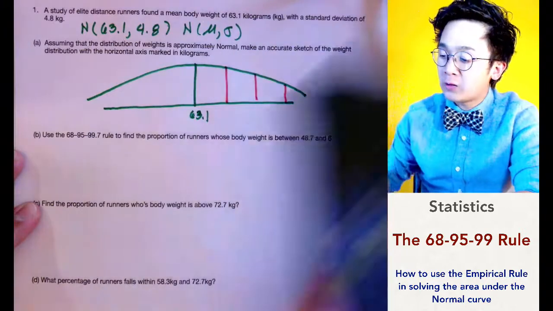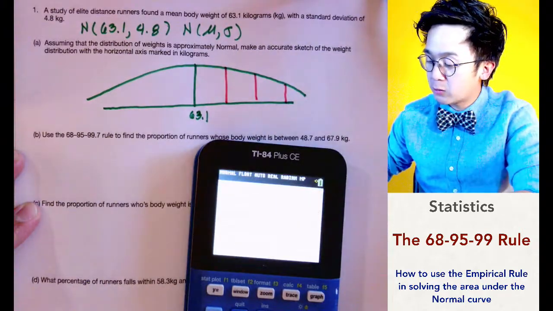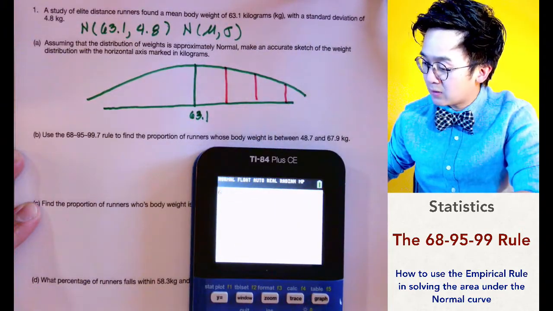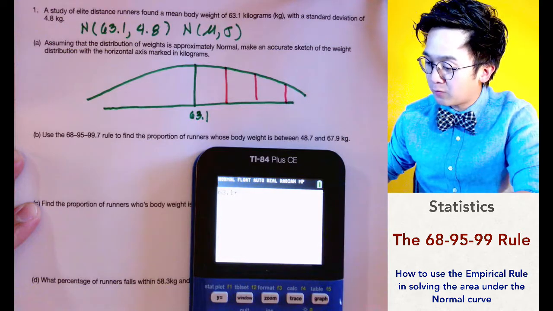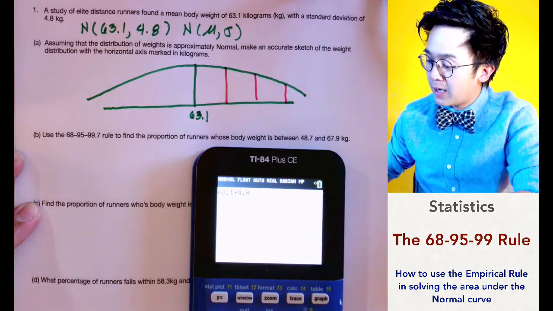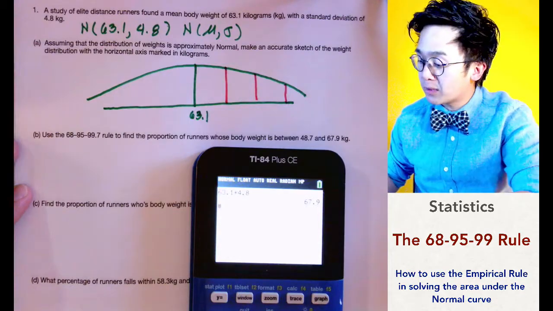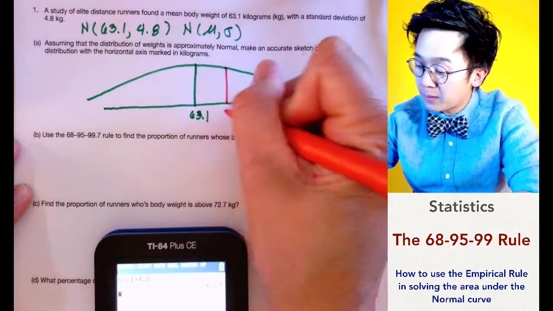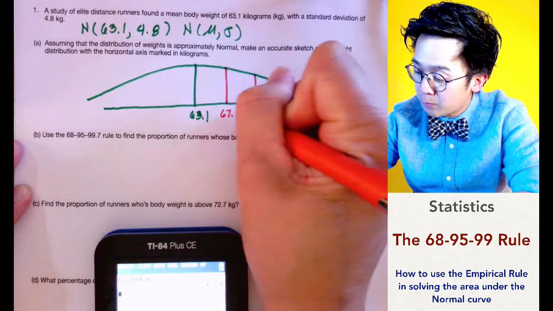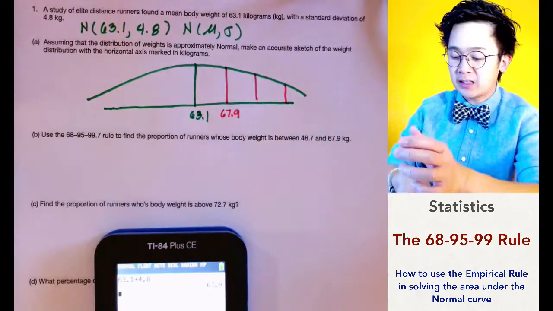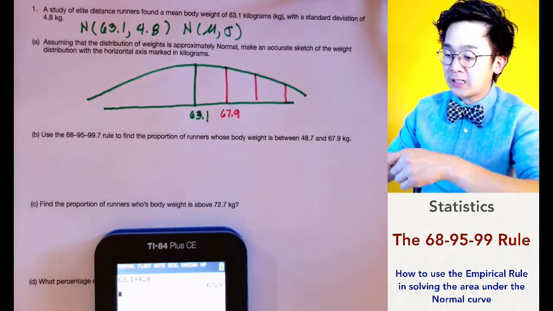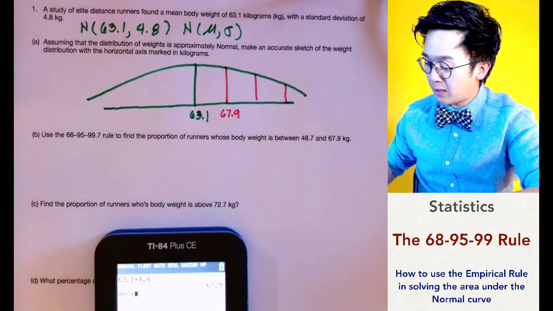So, sa pagkuha ng ating distribution, all we have to do is to add 63.1 at 4.8. At yung unang value natin ng ating distribution will be 67.9 away from the mean. So yun yung 67.9. Ito yung first standard deviation. At yung second standard deviation, mag-a-add tayo ng 4.8.